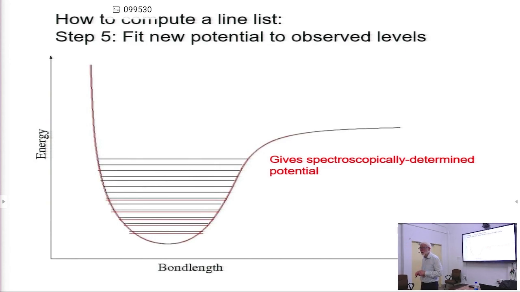And has anyone here ever heard of something called the Hellman-Feynman theorem? I don't know how much quantum mechanics you guys have done. Anyone heard of Richard Feynman? Yes, okay. So from my area of science, this is his contribution.